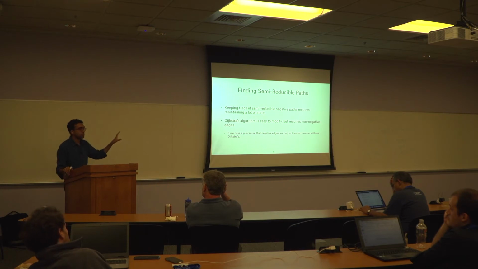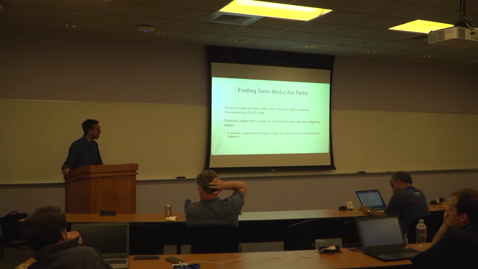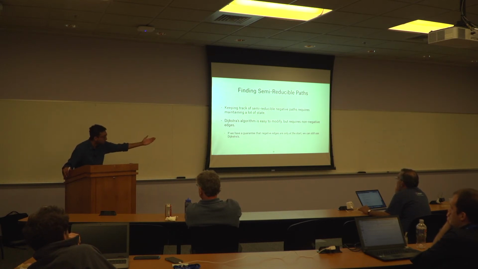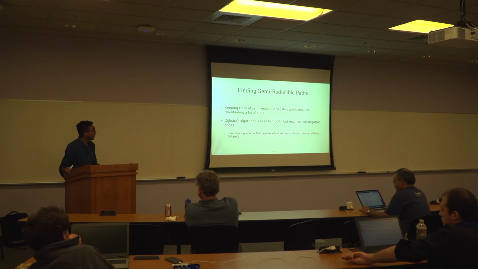But Dijkstra's algorithm, we can modify it in a nice way that allows us to reason about it pretty well. And Dijkstra's algorithm will get us pretty far. But one of the big problems is Dijkstra's algorithm only works if you have non-negative edges. And as we discussed earlier, with that example over there, we have negative edges potentially in our labeled distance graph that we have to deal with. Our STN had negative edges.